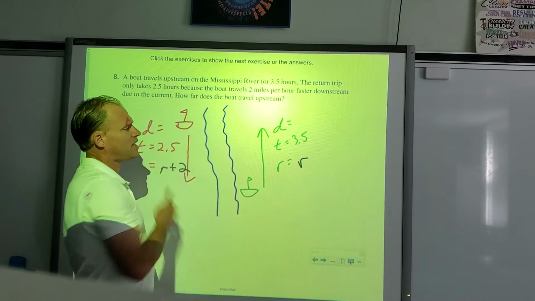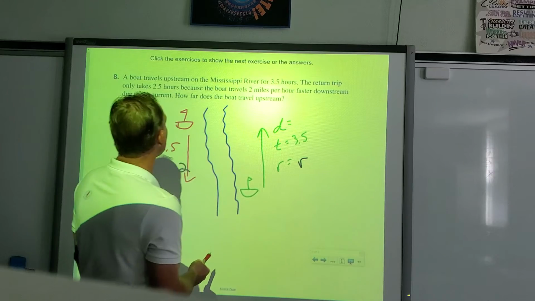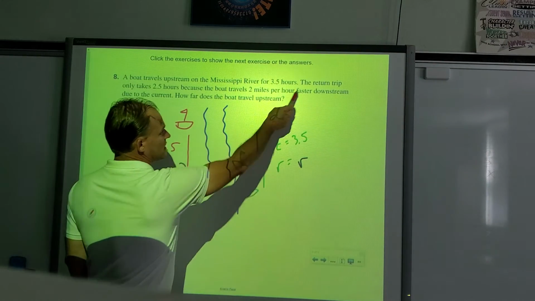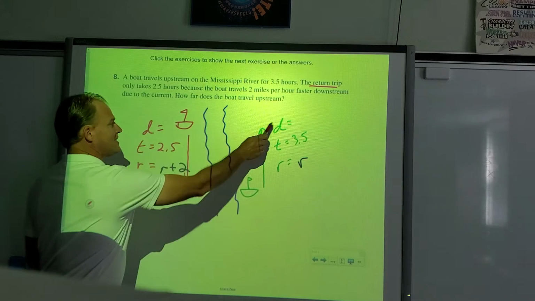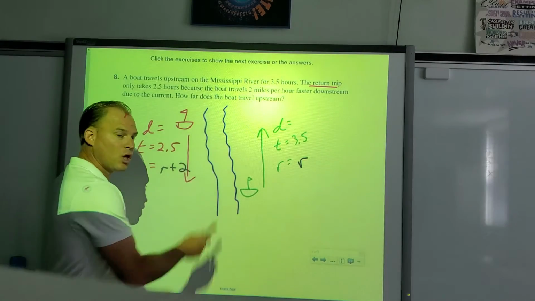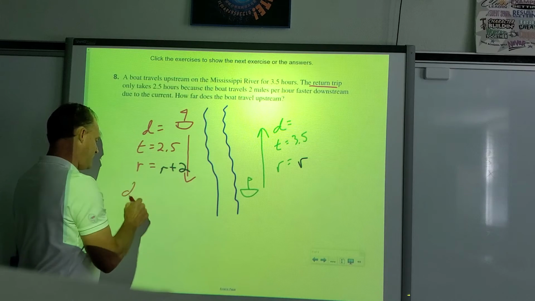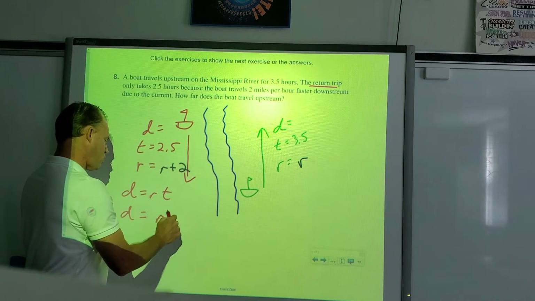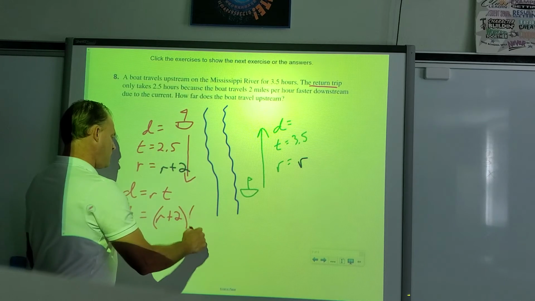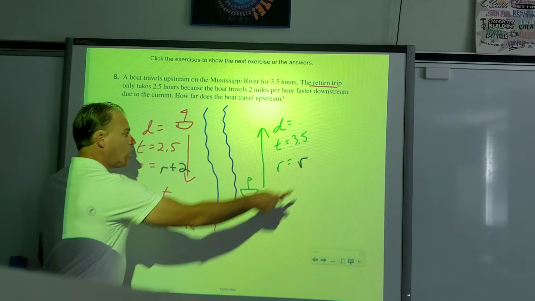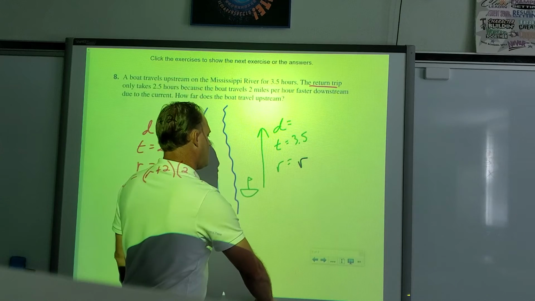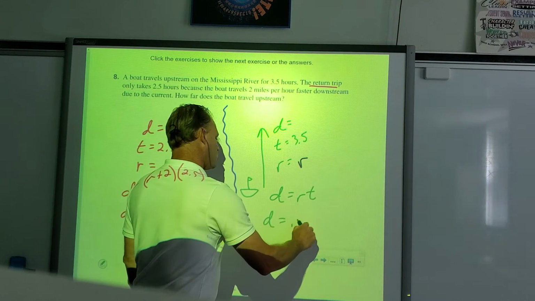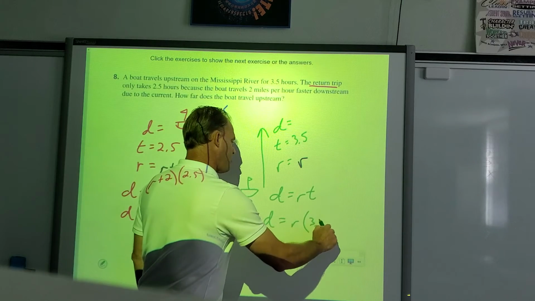So, how am I going to solve this? I've got all things I don't know. I still don't know distance. Well, since it's the return trip, we know the distances are the same. So in this problem over here, we have D equals RT, so D equals R plus 2 times 2.5. Over here, D equals R times 3.5.